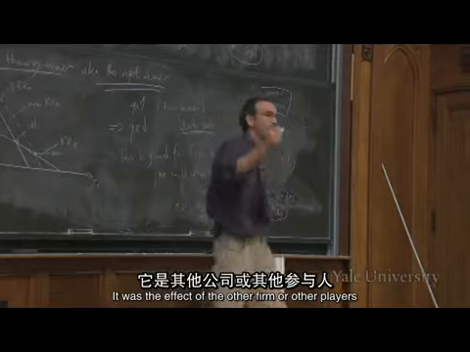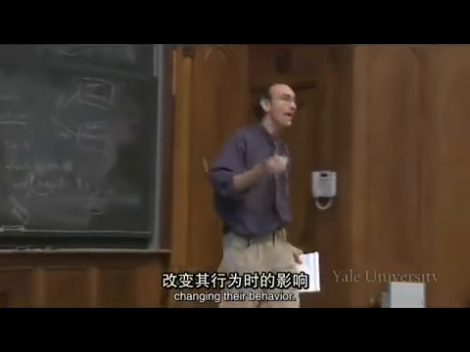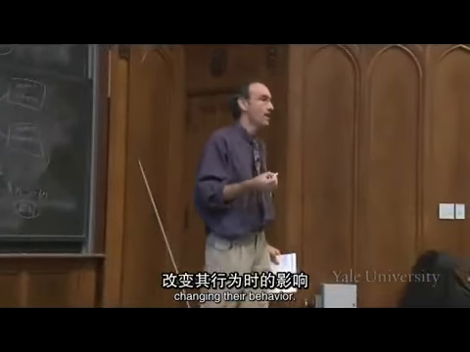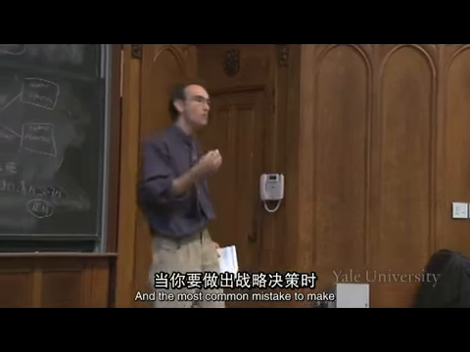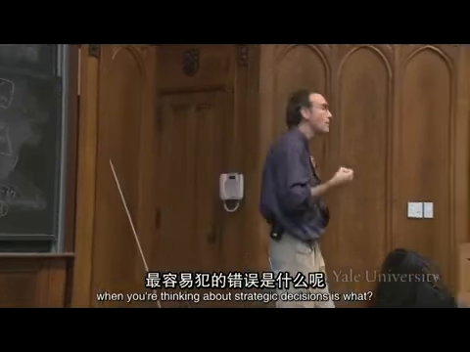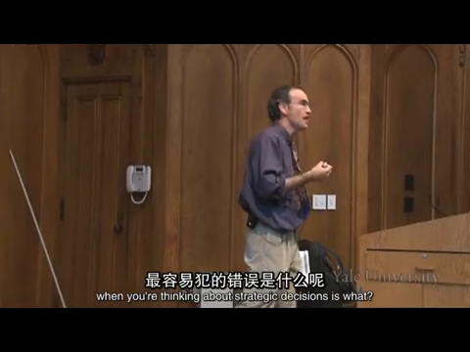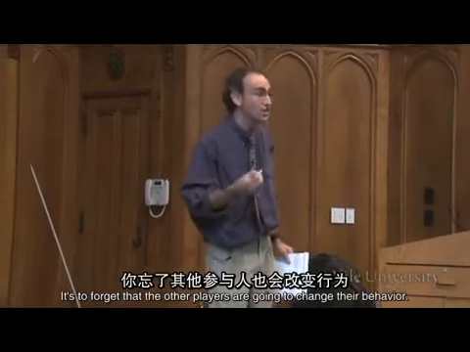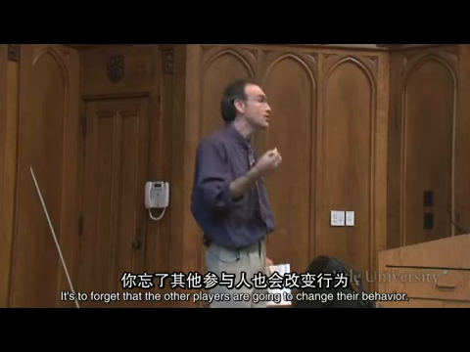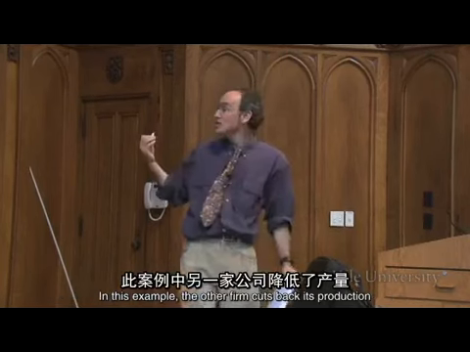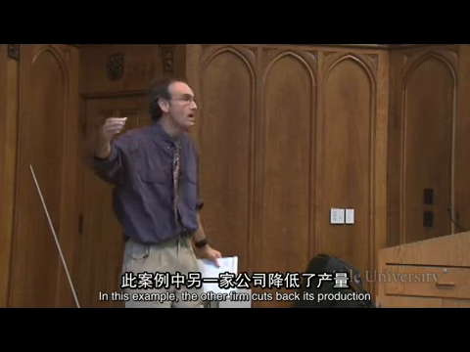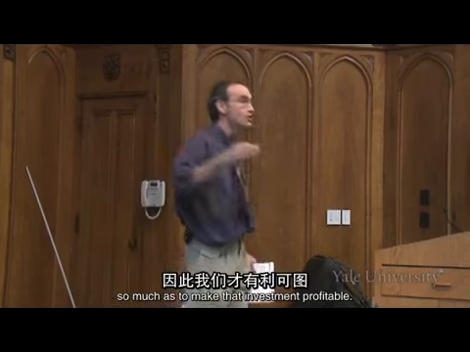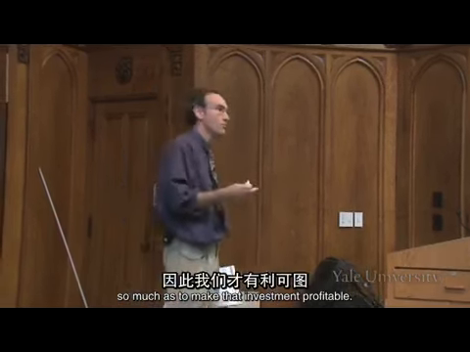It was the effect of the other firm or other players changing their behavior. And the most common mistake to make when you're thinking about strategic decisions is what? It's to forget that they're strategic. It's to forget that the other players are going to change their behavior. In this example, the other firm cuts back its production so much as to make that investment profitable.